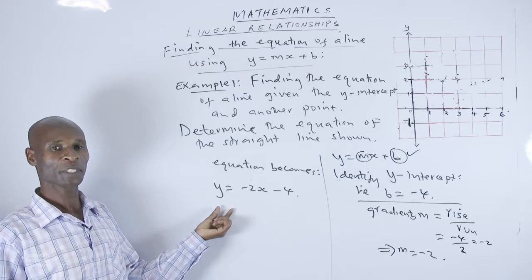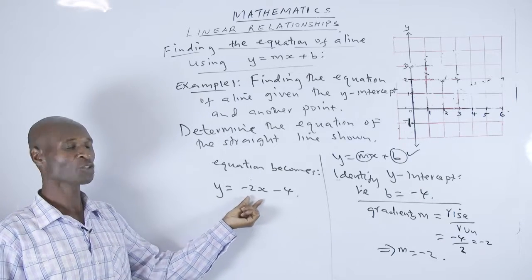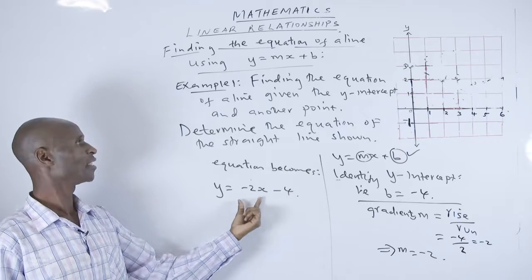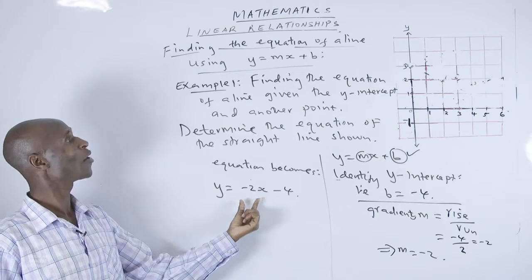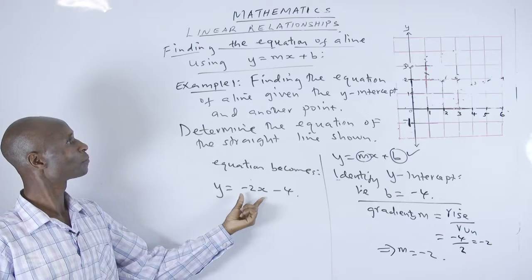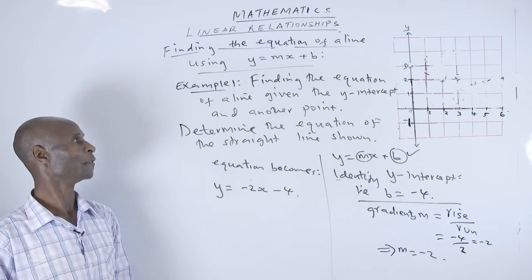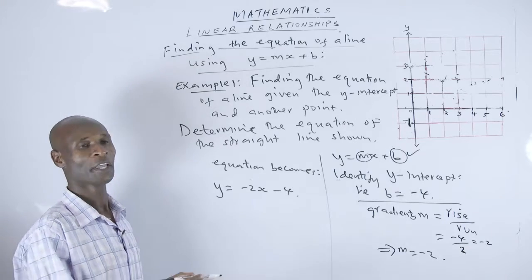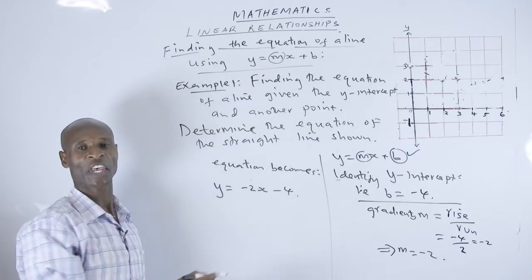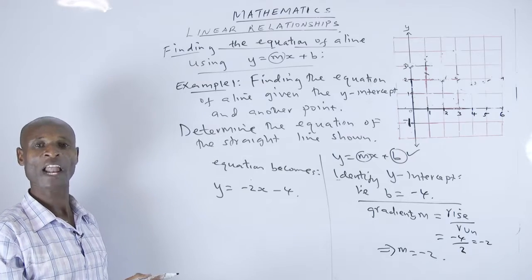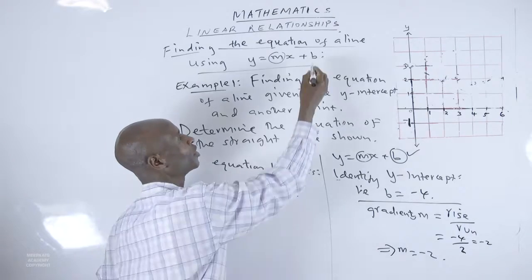So our final equation becomes y is equal to -2x minus 4. And that is the required equation. We say we have obtained the equation of a line using y is equal to mx plus b by just substituting the values of gradient, which is m, and substituting the value of the y-intercept, which is b.